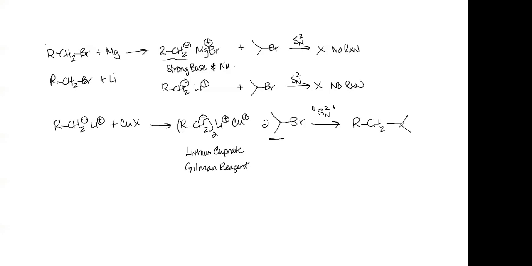With the copper present, it actually does that coupling. So it's like Suzuki and Heck coupling. I'm taking this group and coupling it with this group to make that final product. But the presence of the copper is what lets me do this reaction, whereas up here it fails miserably.